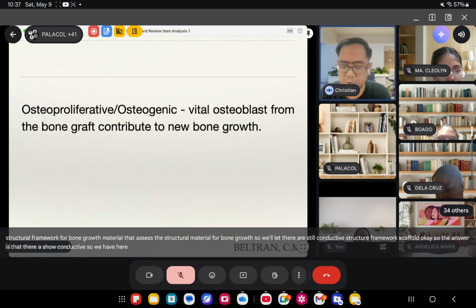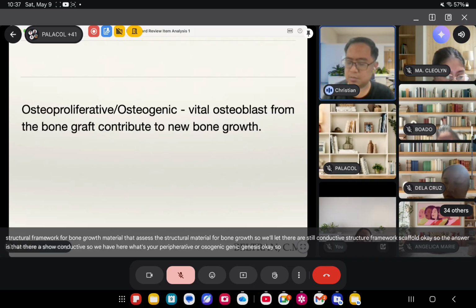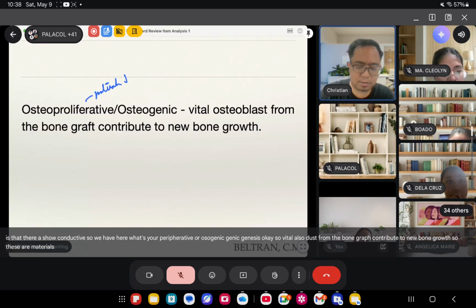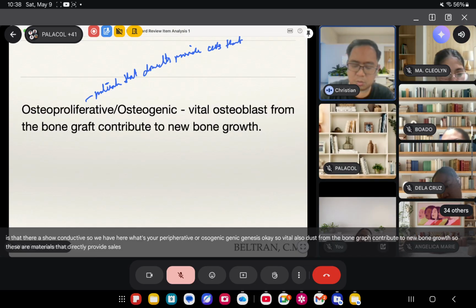So we have here osteoproliferative or osteogenic, genesis. Okay, so meaning to say vital osteoblasts from the bone graft contribute to new bone growth. So these are materials that directly provide cells that will produce bone.